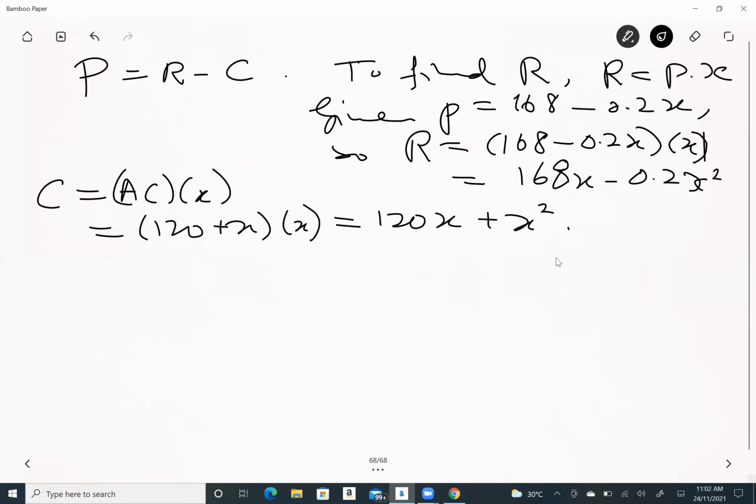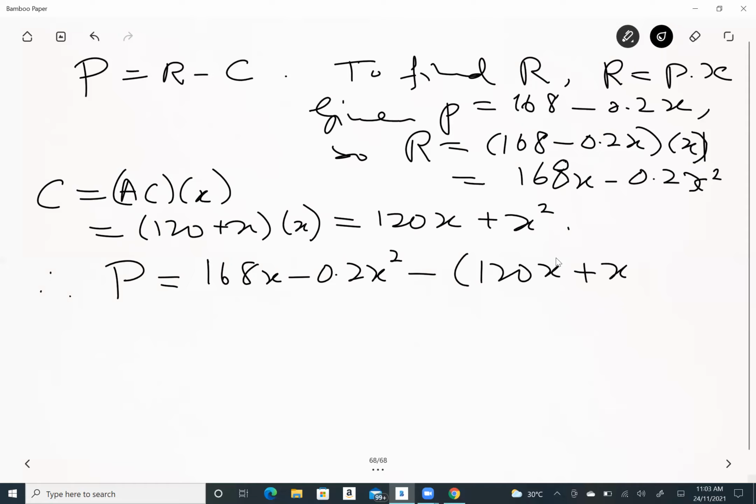Okay. So the profit, therefore, is equal to the revenue, 168x minus 0.2x squared, minus the cost, 120x plus x squared. Okay, break out the bracket.